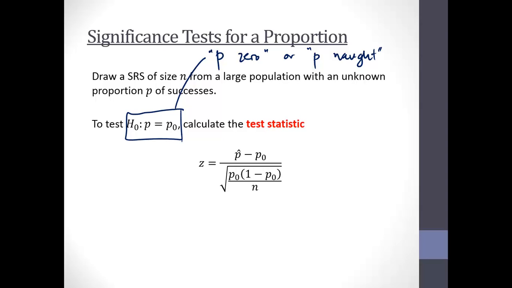Thinking about when we had a mean, it was t equals x bar minus mu 0 divided by the standard deviation over the square root of n. We have the same idea here.